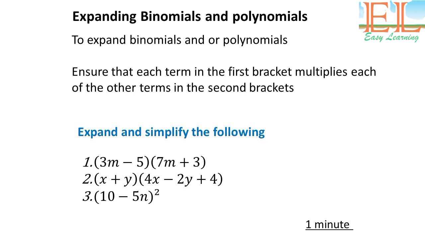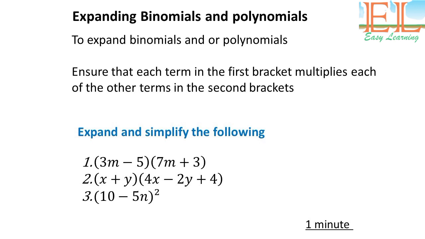So these are two binomials. 2. x plus y times 4x minus 2y plus 4. With x plus y in the brackets, 4x minus 2y plus 4 in another bracket. Here you are multiplying a binomial and a trinomial.